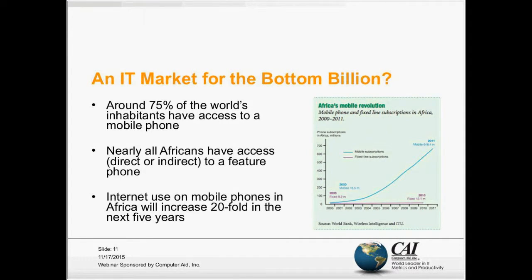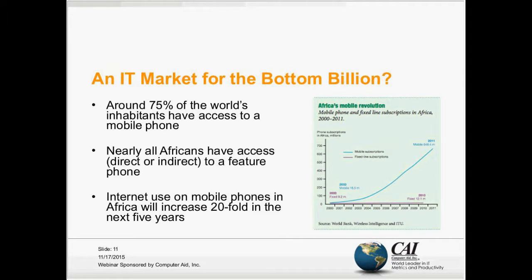Some statistics say that around three quarters of the people in the world today have access to a mobile phone. And even if we look at some developing contexts, like Africa in general, nearly all Africans have access, directly or maybe indirectly through friends, to some kind of feature phone, a phone which can access internet.